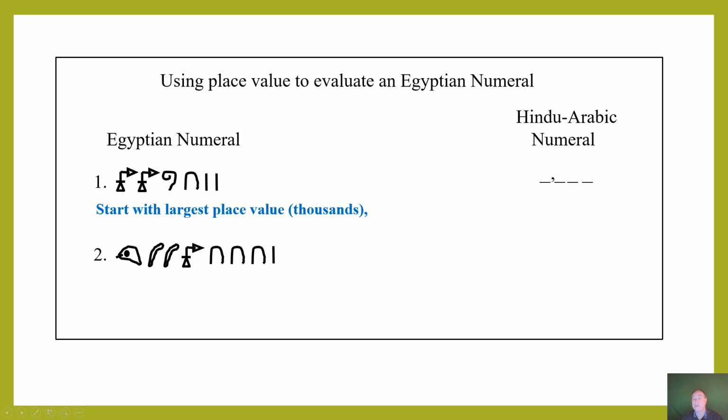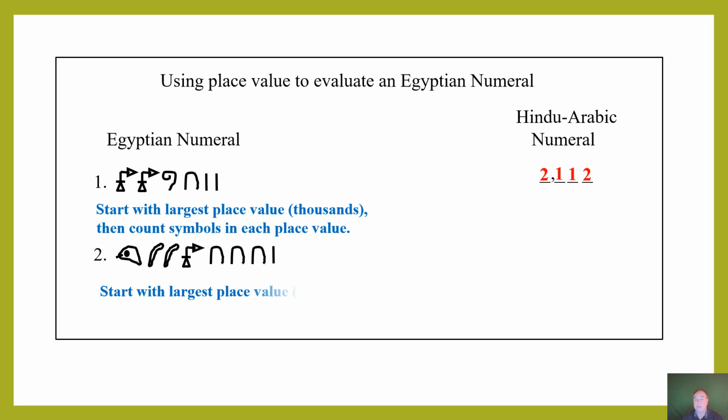So 2 lotus flowers would put a 2 in the thousands place. And then there would be 1 scroll, 1 heel bone, and 2 strokes. So we put a 2 in the thousands, a 1 in the hundreds, a 1 in the tens, and a 2 in the ones.